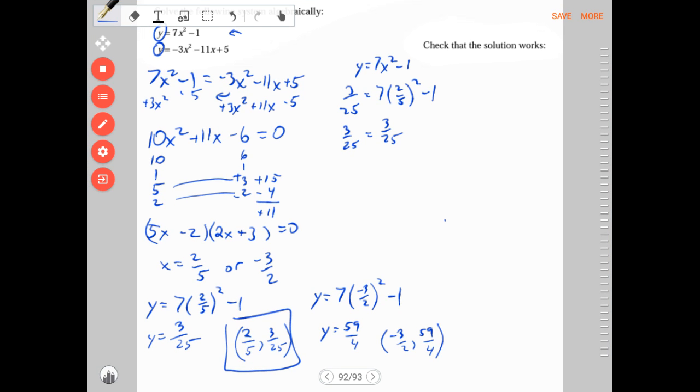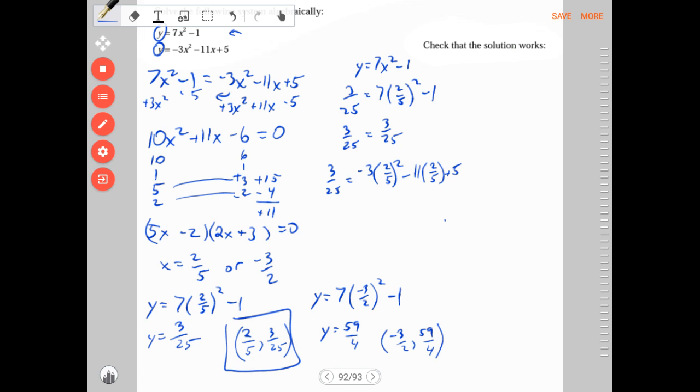The next equation: y equals, so 3 over 25 equals negative 3 times 2/5 squared minus 11 times 2/5 plus 5. I'm just going to type that into my calculator as well.